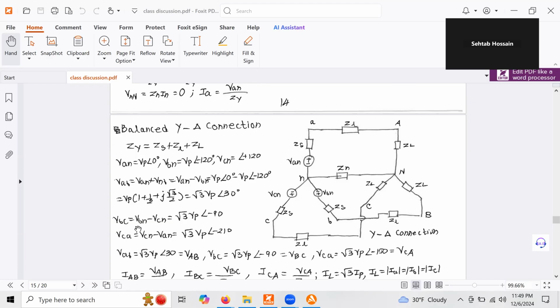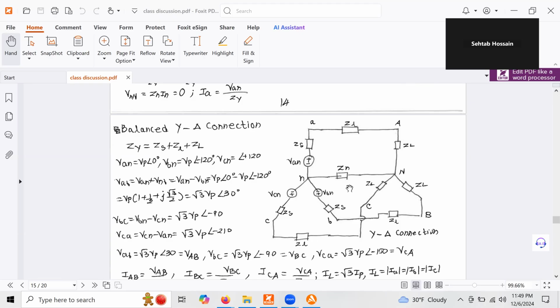For the case of VBC, it will be VBN minus VCN over here. So VBN plus VNC, we can write that as minus VCN, and we put the values across there.